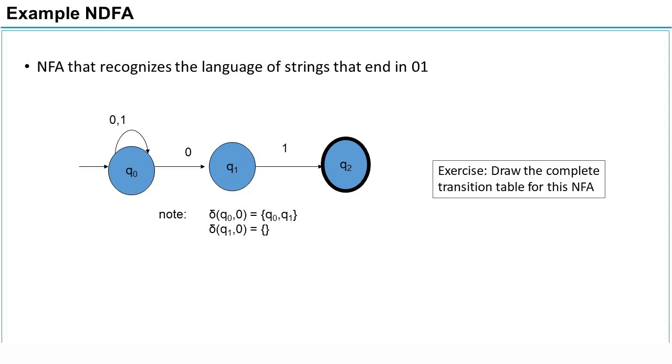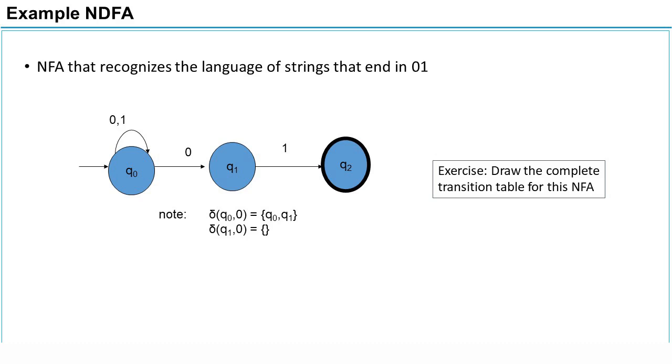Next, a non-deterministic finite automaton that recognizes the language of strings that end in 0 or 1. So now I am going to construct an automaton for the language that ends with 0 or 1. My inputs are 0 and 1. Now when I consider q naught, I take the input 0 and 1. When it takes the input 0, it moves to the q1 state.